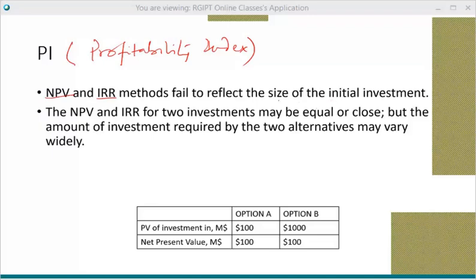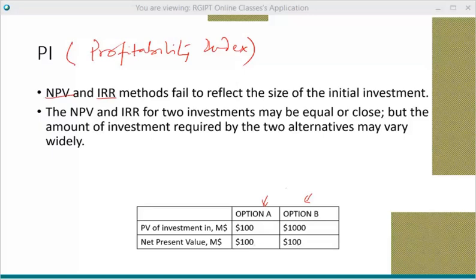And also IRR, because two projects, let's say I have here option A and option B. These two projects have the same NPV of 100, but in one case the investment was 1,000, 100,000, that is a million, and in the other it is 100,000.